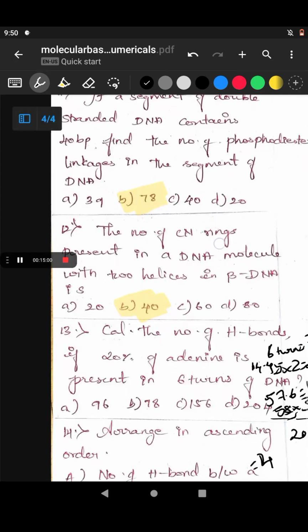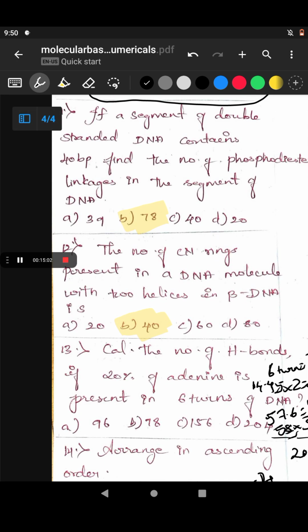Simple part of it. If a segment of double-stranded DNA contains 40 base pairs, find the number of phosphodiester linkages in the segment of DNA. Usually, the nucleotides have 2 phosphodiester bonds, provided they are linked.